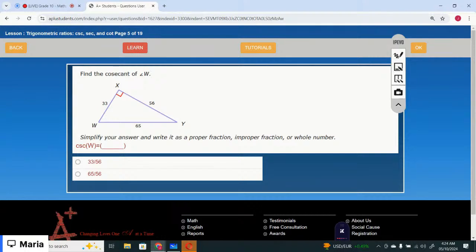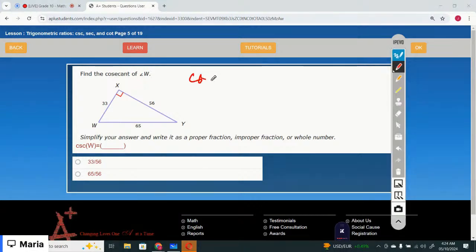What is the cosecant of angle W? Finally, we have a question with cosecant, right? So cosecant of angle W equals hypotenuse divided by opposite.